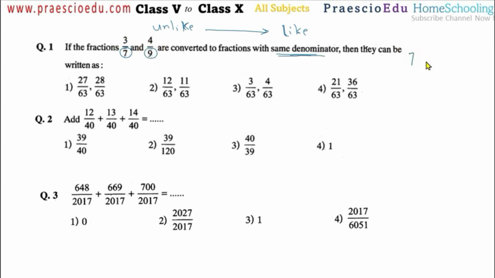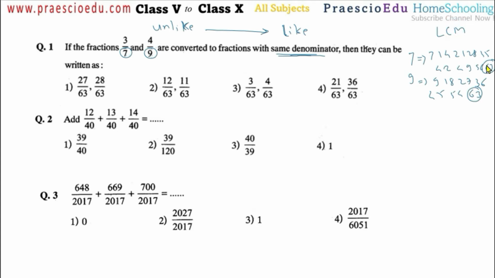Now 7 and 9. If we find the multiples of 7, means 7, then 14, 21, 28, 35, 42, 49, 56, and 63. Likewise, the multiples of 9: 9, 18, 27, 36, 45, 54 and 63. Now here 63 is the least common multiple, means LCM.